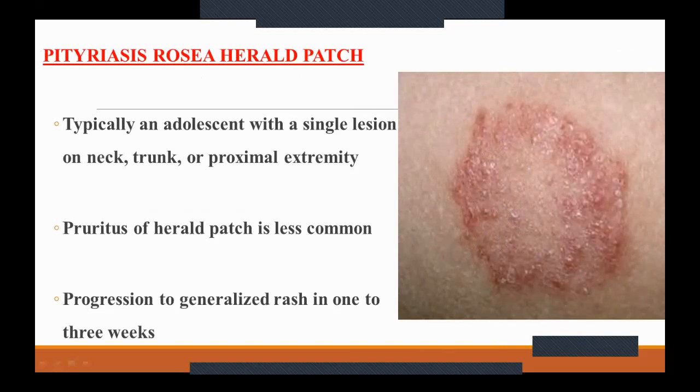And as we see, the scaling is more over the inner side of the patch, not on the outer side of the patch. So these are called circinate scales. Pruritus is not as much as in tinea, and it commonly involves the neck, the trunk, that is chest, back, and the proximal extremities.